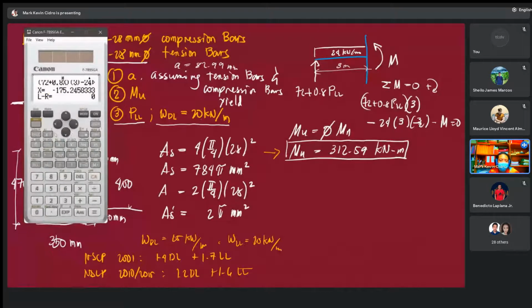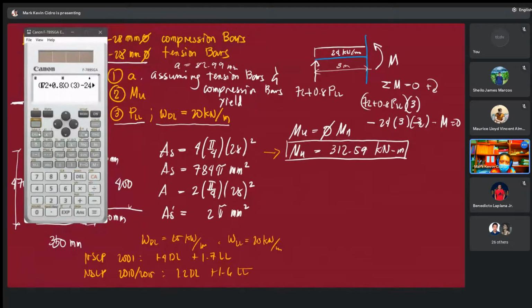Okay, let me solve it again. This is minus, but the numerical value is the same. Shift solve. The answer is 85.25. Is that right? Let me check. 72 plus 0.8 PLL times 3 minus 24 times 3 times 3 over 2 minus 312.59.